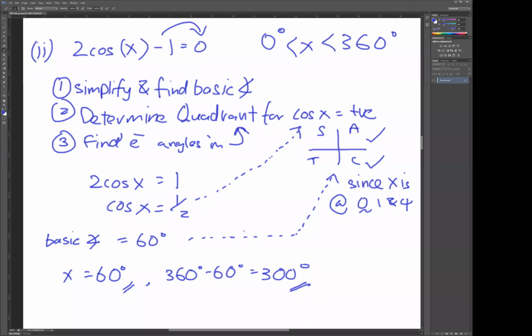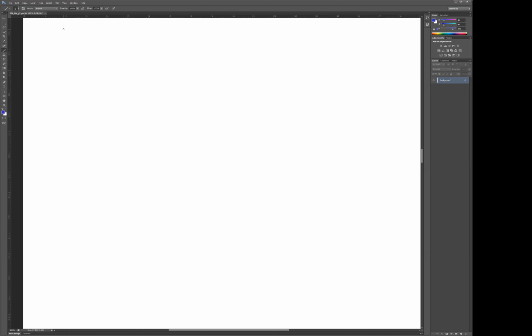All right. So the last practice question for today, before I give you your homework. Okay. So we have this triangle. We know that this is 22 degrees.